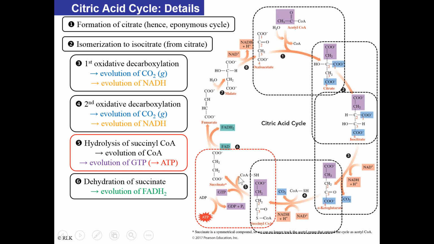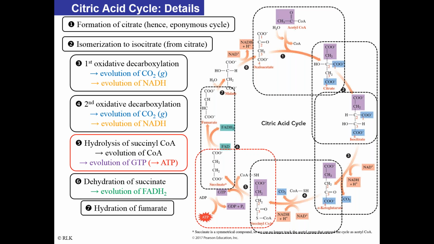You're going to have dehydration then of the succinate, and in doing so, you're going to lead to the formation of fumarate, which has the double bond. So you know that H's are going to be popping off. That's where you have the FADH2 forming from that base FAD, low energy molecule. And so it just continues to go. And then you have the hydration of the fumarate, because that's going to open up that double bond.